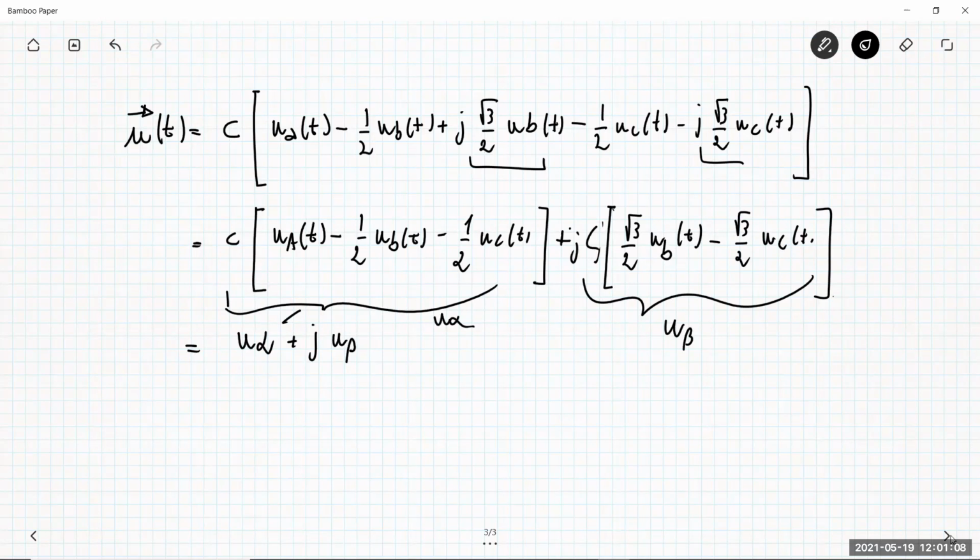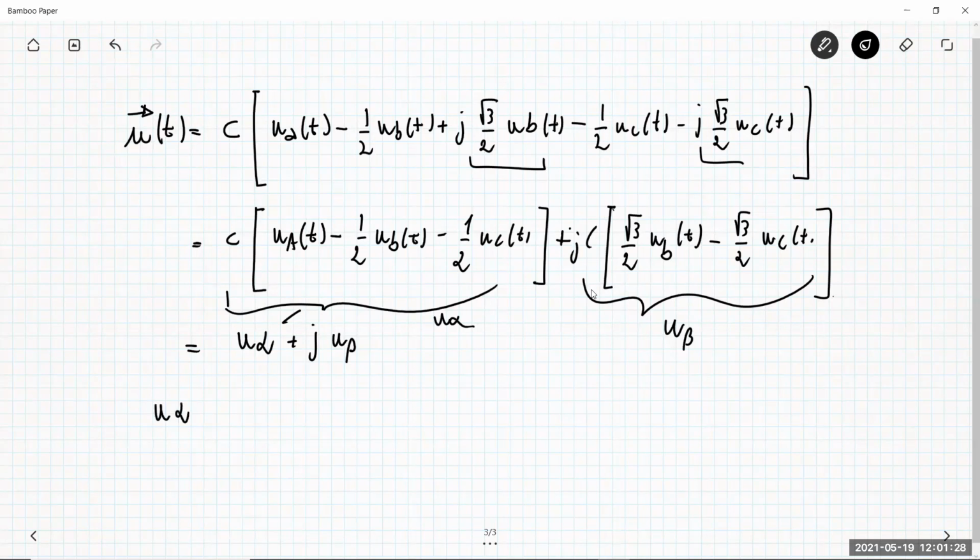This computation, this result that comes out simply considering Euler's formula and then separating the real and imaginary parts, can also be represented in matrix form.